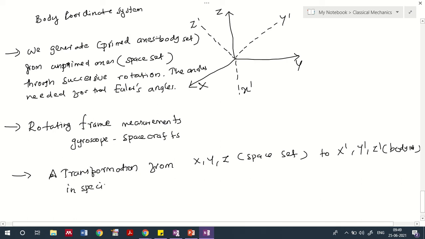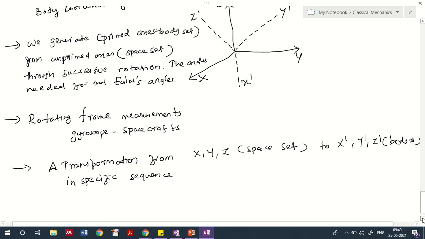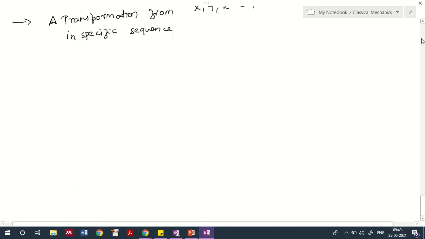That's what we do in Euler's angle. There are three steps, as I said, since it is a successive rotation. So there are three steps involved in this successive rotation method.